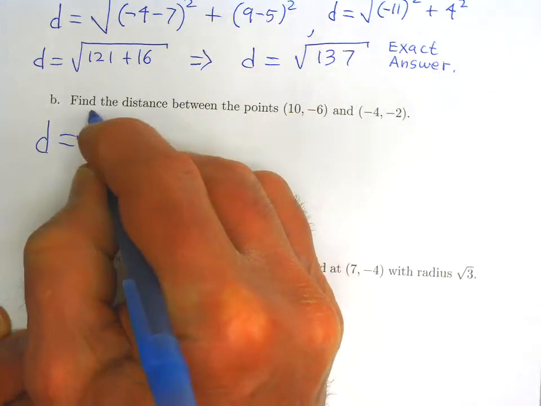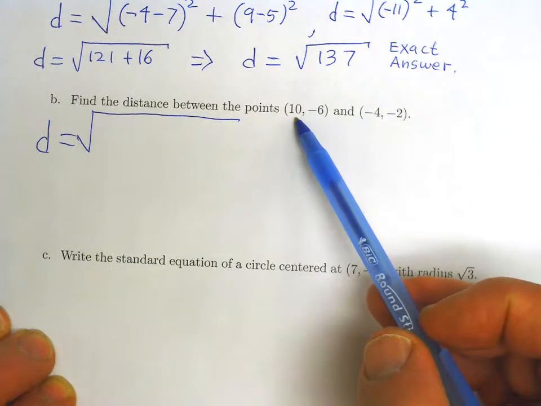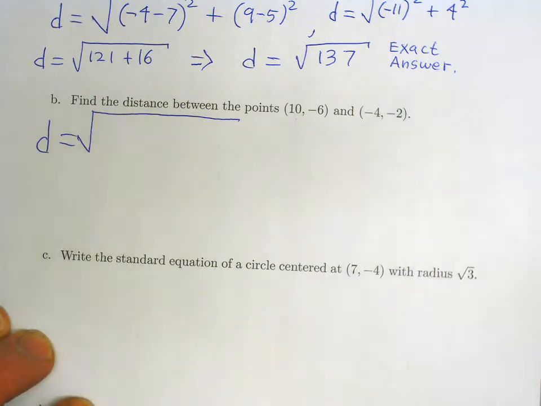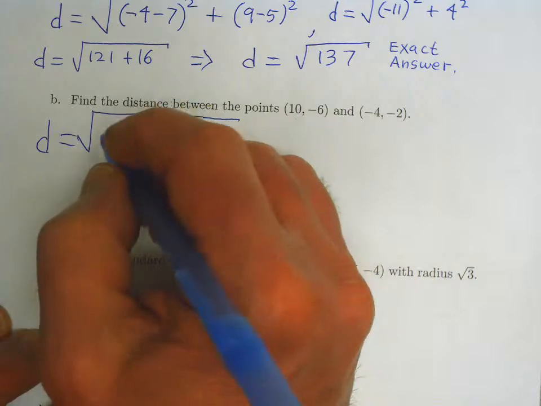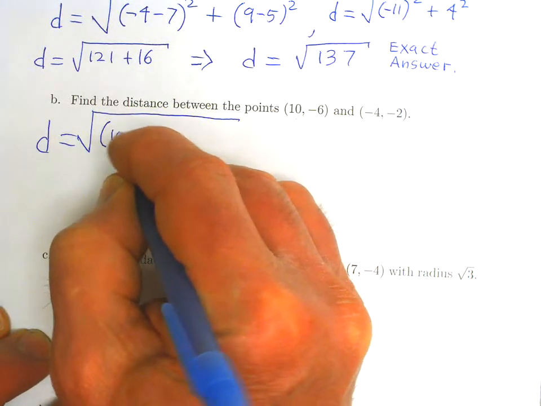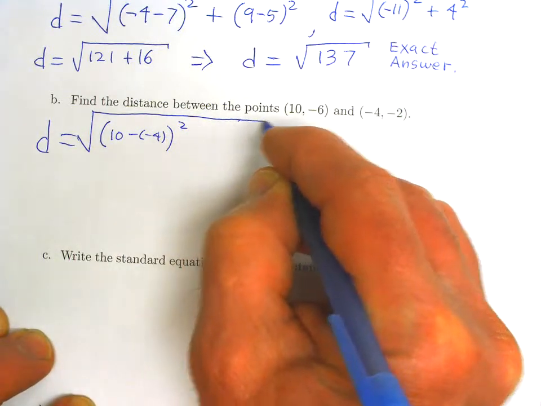First we'll focus on the x-coordinates. The x-coordinate of this point is 10. The x-coordinate of the other point is -4. So one option is inside the square root to write in parentheses 10 minus -4, quantity squared.